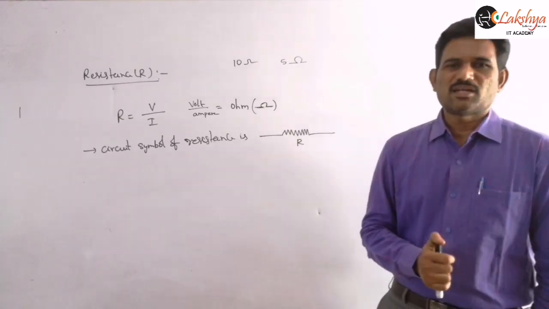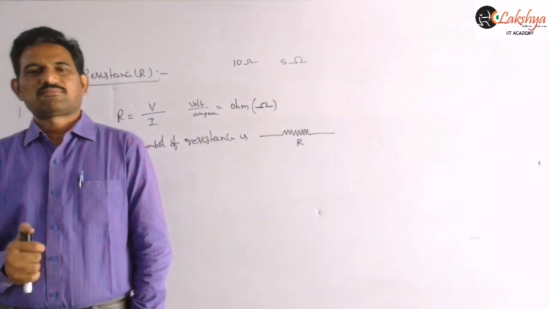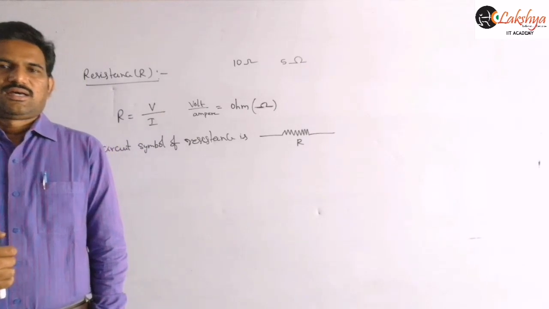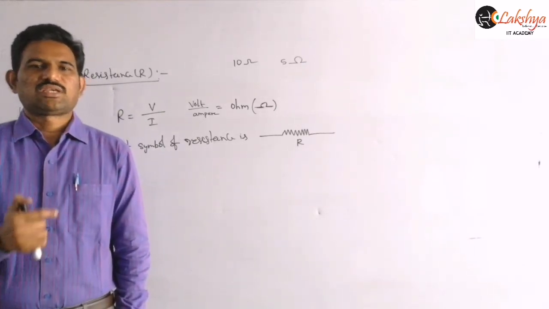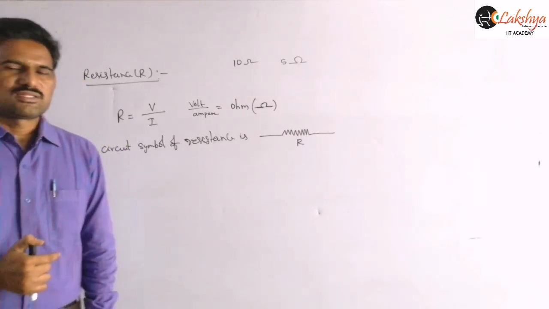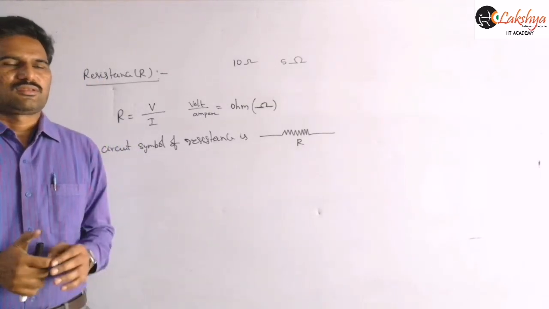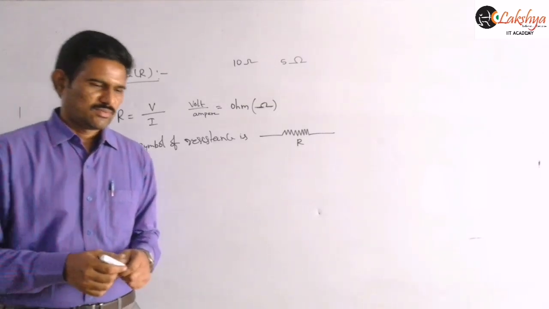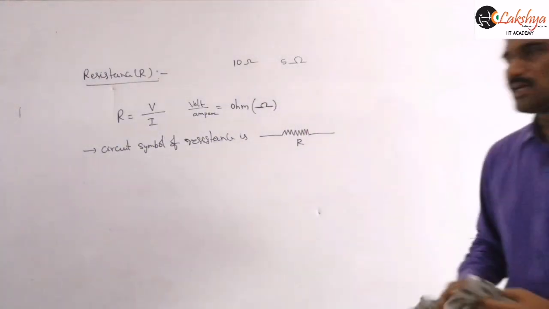But in case of semiconductors, resistance decreases with increase in impurities. Right? So now let us see how it depends on the dimensions.